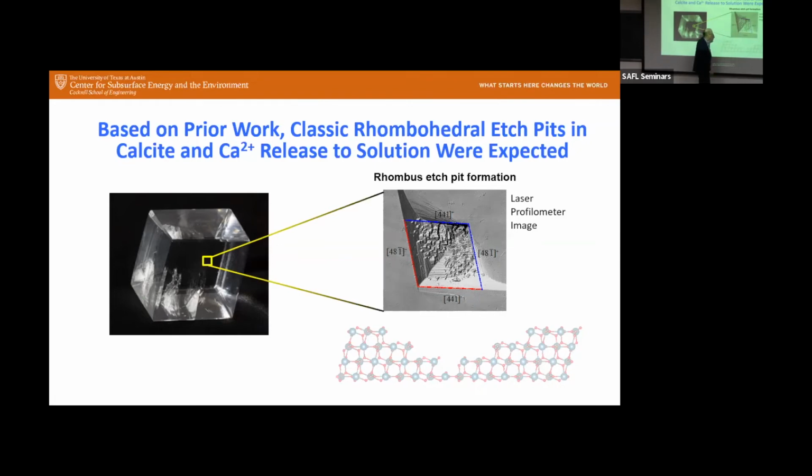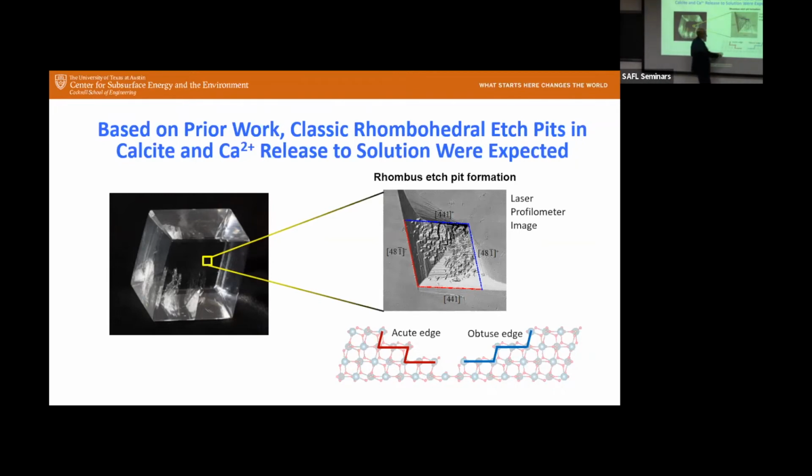They have acute edges, meaning if you look at this edge, it's less than 90 degrees on this side. And they have obtuse edges here, where you have an angle that's greater than 90 degrees. And then they have kinks. They have an acute-obtuse kink here, and here an obtuse kink, and an acute kink right there. And all these are places where the proton, the carbonic acid, or the water can attack and promote dissolution.